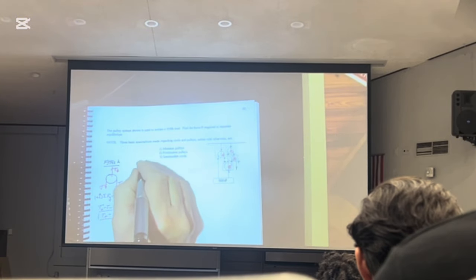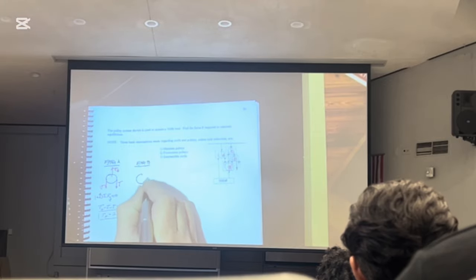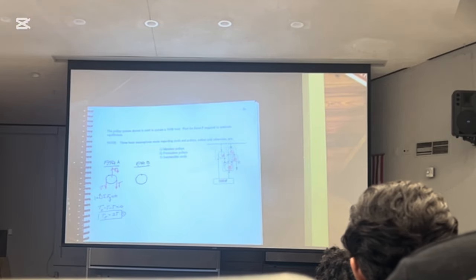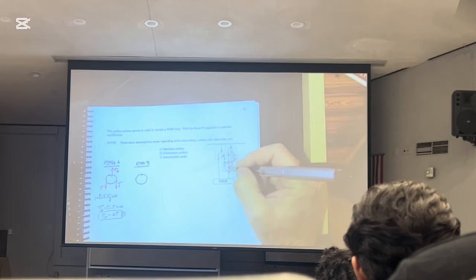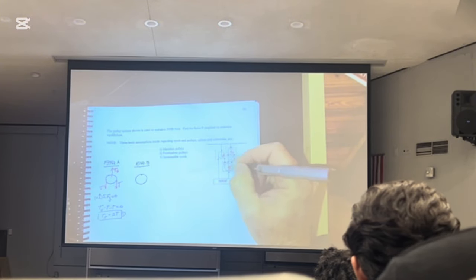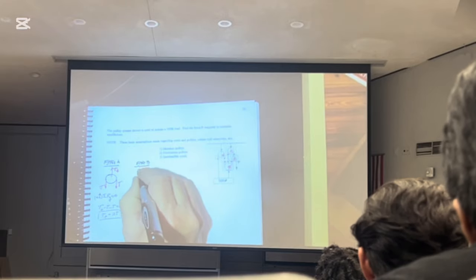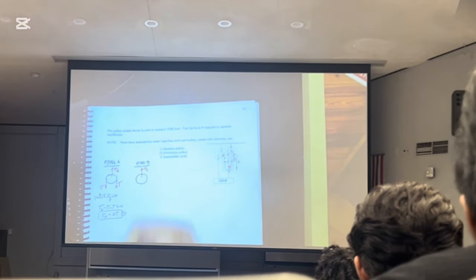Free body diagram B. What do I see? Well, I see a cable from B going to C. I'm going to call that T2. Again, doesn't matter what you call it.